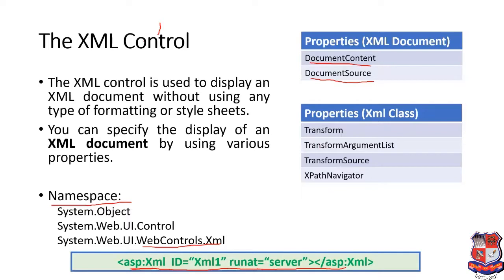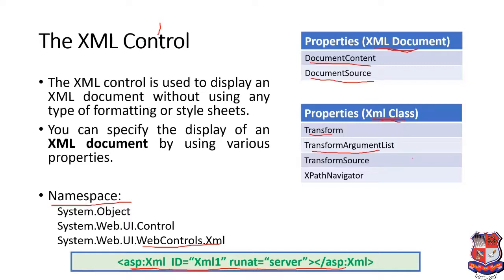Okay. Now we'll discuss a few properties of the XML class. Earlier we discussed the properties of XML document. Now we are going to discuss properties of the XML class. First is Transform. It specifies an XSLT style sheet which formats the XML file before it is returned to the output stream.